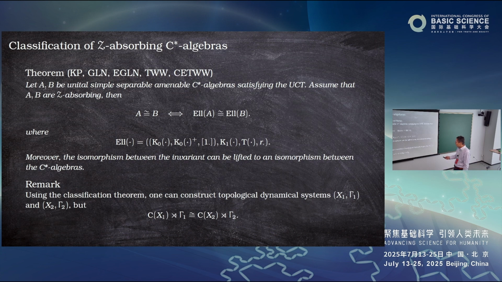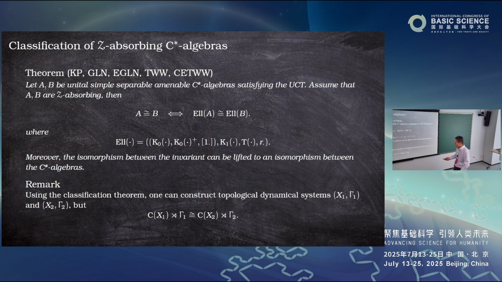the value of the invariant is very much independent of this X and this group. You can have very, very different dynamical systems give you the same K-theory, the K groups of the crossed product algebra. And now you see that you can have isomorphic algebras but very different Cartan subalgebras.